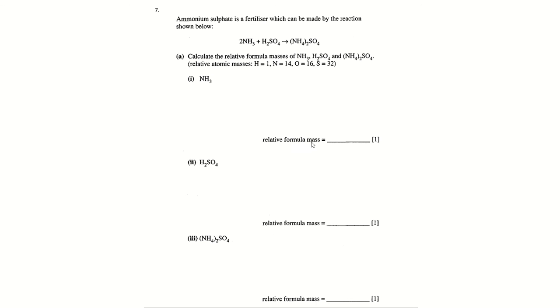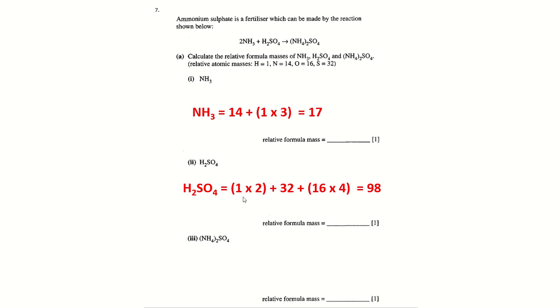Question 7, 2 RFMs to start off with. So NH3, 14 plus 1 times 3, 17. H2SO4, 1 times 2 plus 32 plus 16 times 4, 98. And then (NH4)2SO4. Now, check out what's in the brackets first. N and H4, so 1 nitrogen and 4 hydrogens.